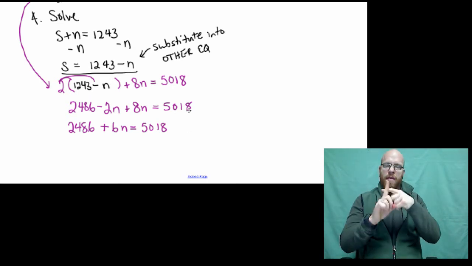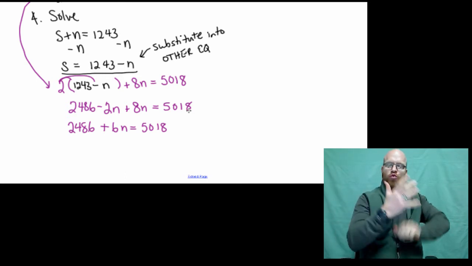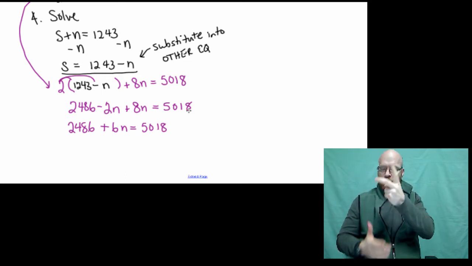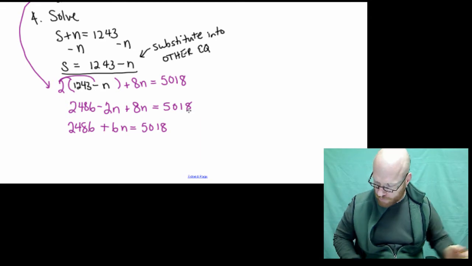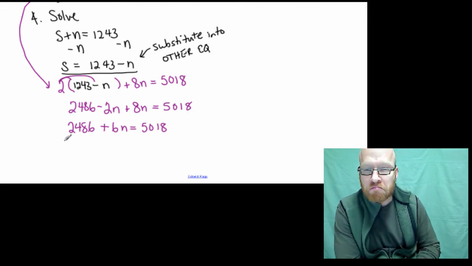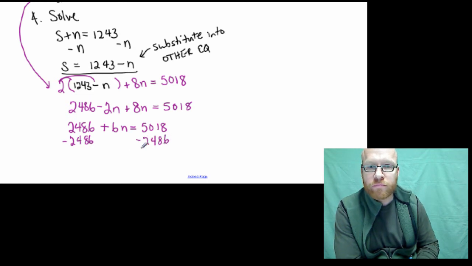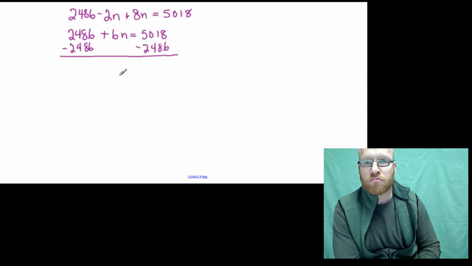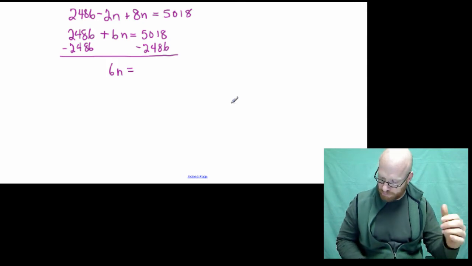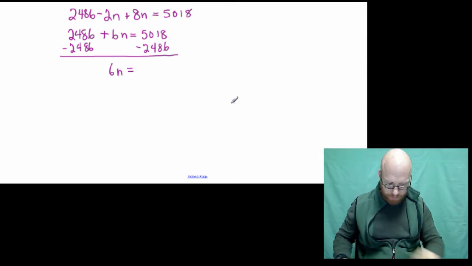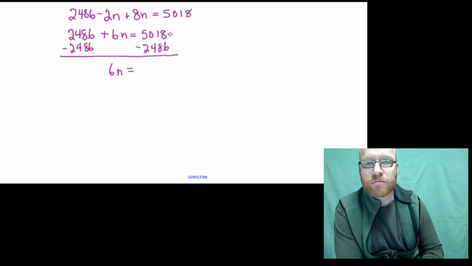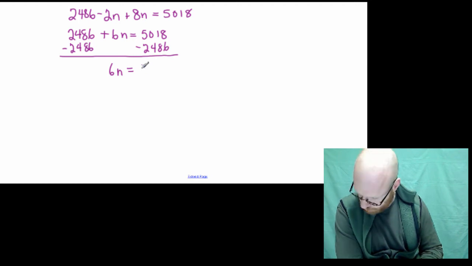Now you can see I combined negative n and positive 8n and got positive 6n. Now I'm going to subtract 2,486 from both sides. I figured that out earlier. Okay, good. Here it is.